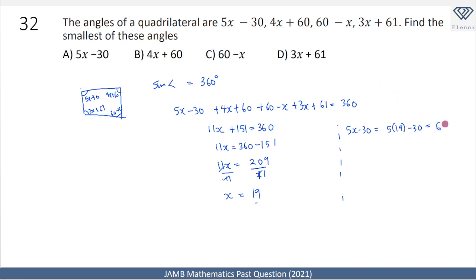So moving on to the next one, we have 4x plus 60, and that will be 4 times 19 plus 60. So we have 4 times 19, which is 76, and plus 60 gives me 136.